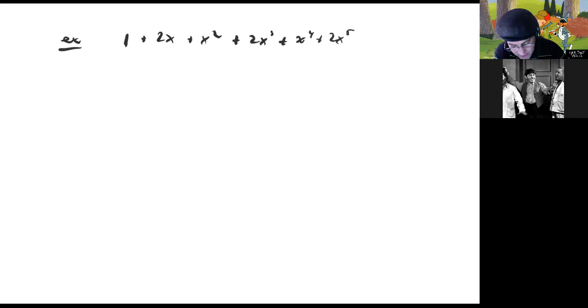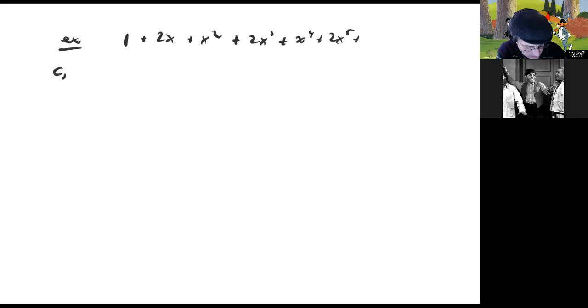Okay, so I'm going to give you one final example in this lecture, which is the series 1 plus 2x plus x squared plus 2x cubed plus x to the 4th plus 2x to the 5th, and so on. The coefficients alternate.